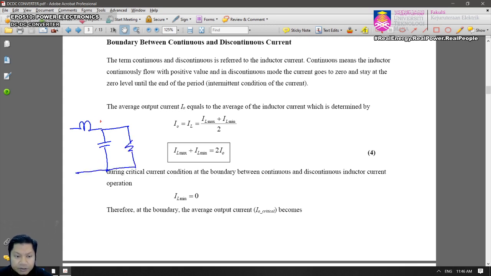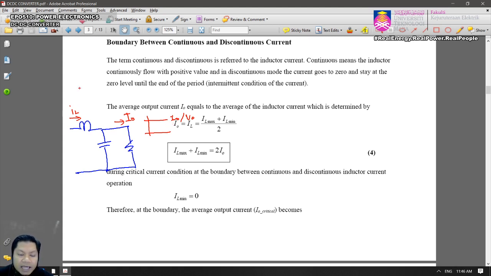So in here this is your IL, and this is your I naught, because I naught is always a constant current, since we have a very large capacitor, is our assumption. So if you look at the oscilloscope, you're going to see a straight line of I naught as well as V naught. A straight line: constant output current and voltage.